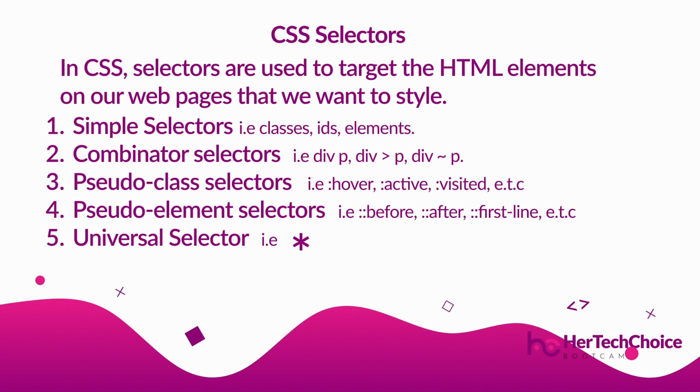For example, if you want to reference the descendants, or let's say a child of a particular parent element, there's a way you can combine the parent element and the child to reference that particular child. The combinator selectors are of four different types.